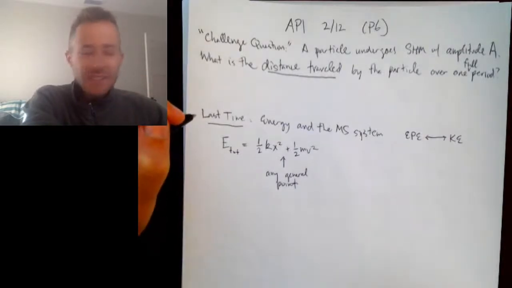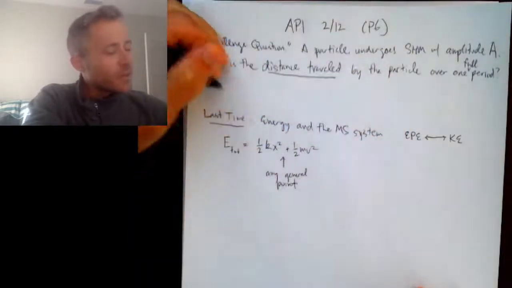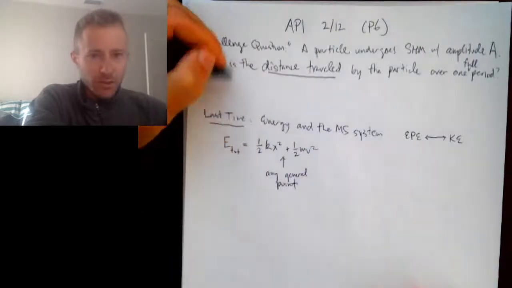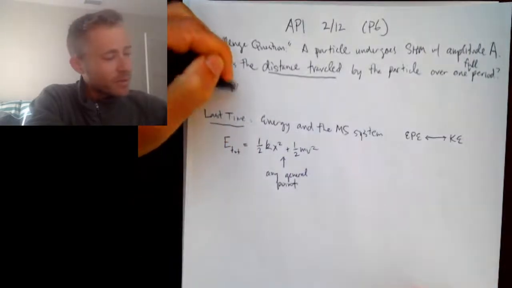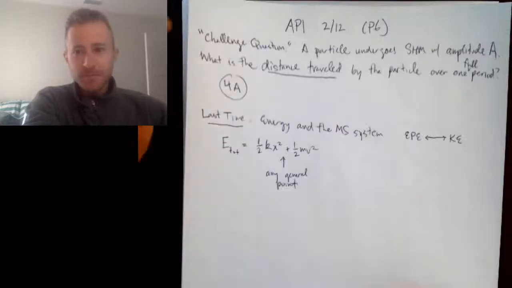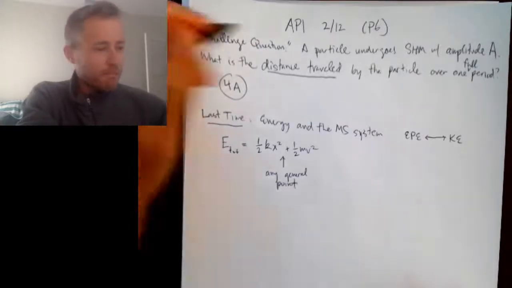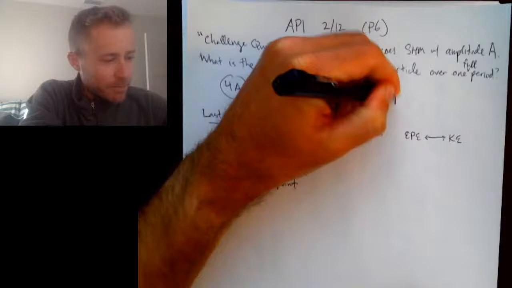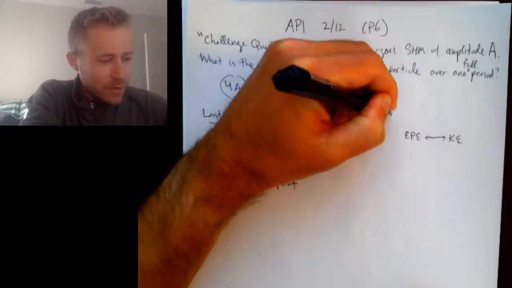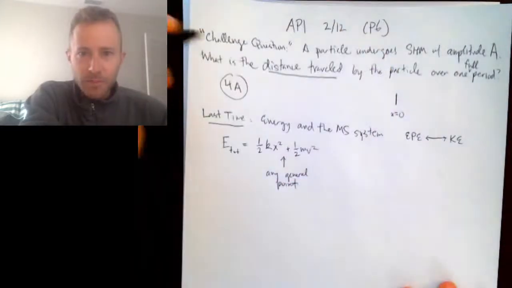Before I continue, I'll just talk about the challenge question. The correct answer is 4A. Why is that? Well, here is x equals 0, the equilibrium point.